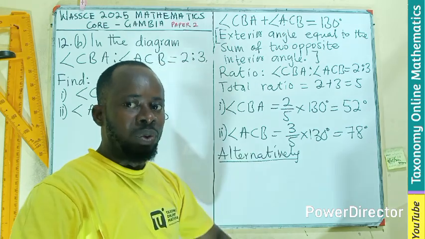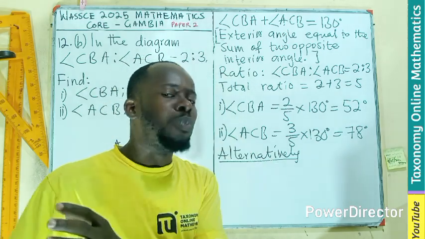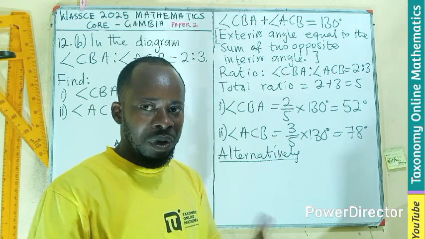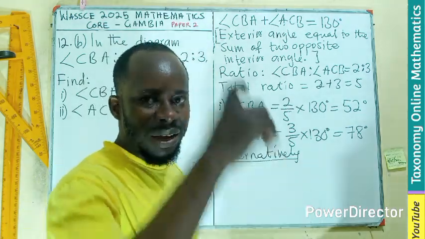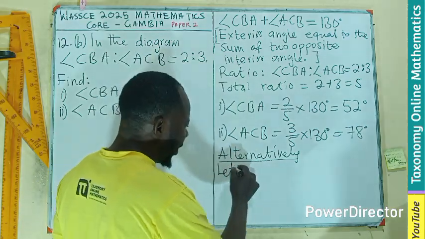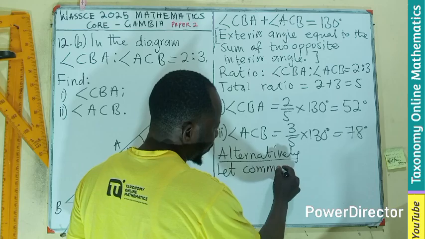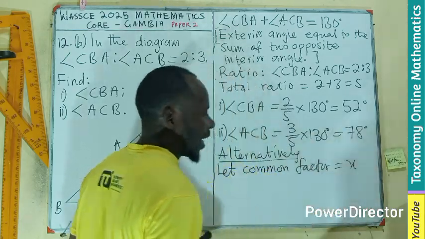At this point we don't know it is 26, so let's let that equal grouping, the common factor, be a variable, x.